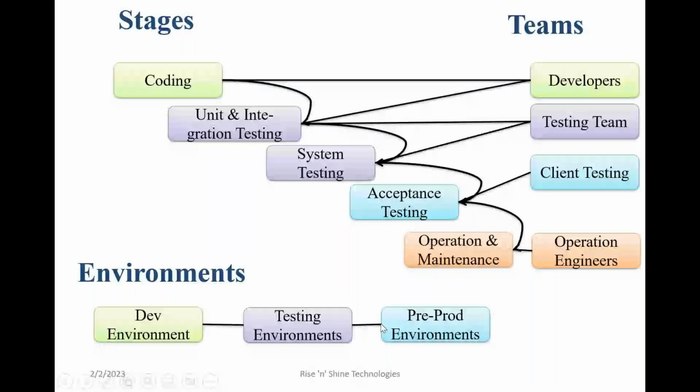We should not ignore the operations engineers who are doing the release process, releasing the change from development to testing, testing to pre-prod, and finally, once it has been accepted, to the production environment. In production, which team is mainly involved? The operation engineers.